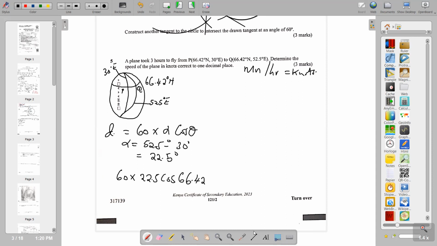Use your calculator and you get that distance.